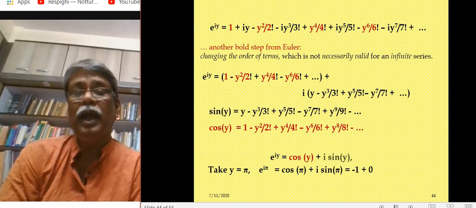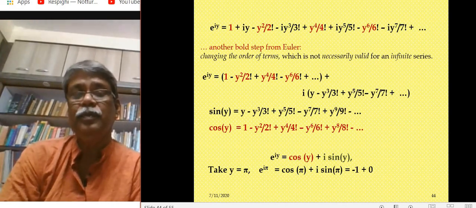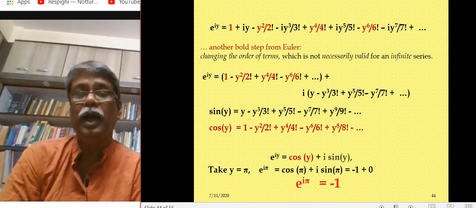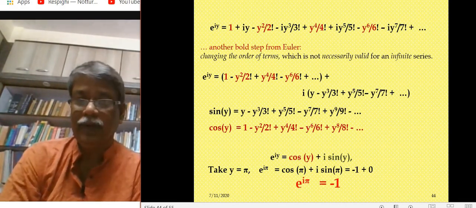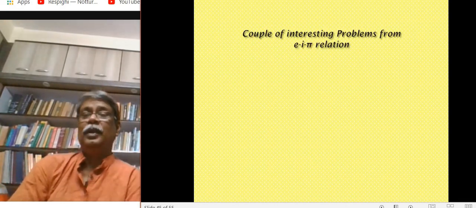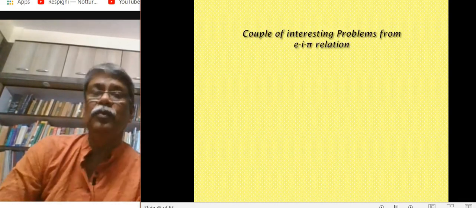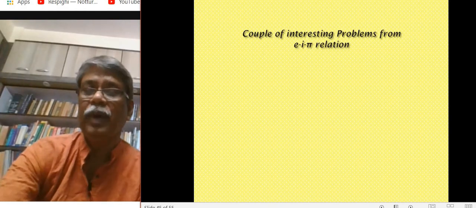So e to the power i pi is cos pi plus i sin pi, and cos pi is minus 1 and sin pi is 0. So it gives you e to the power i pi is minus 1, right? So we have proved the most beautiful equation, e to the power i pi equals minus 1.